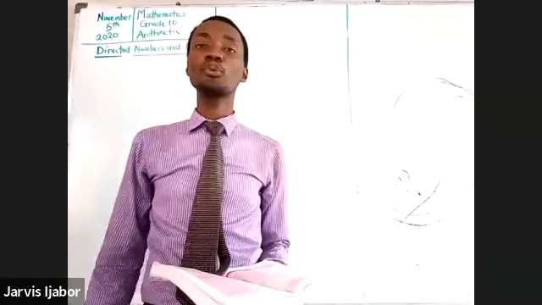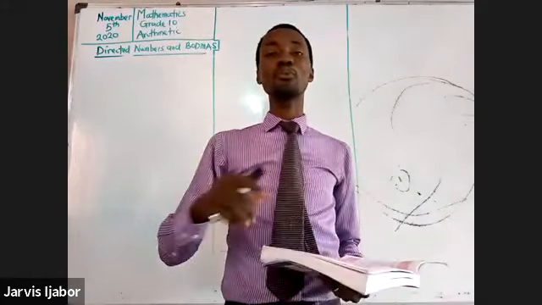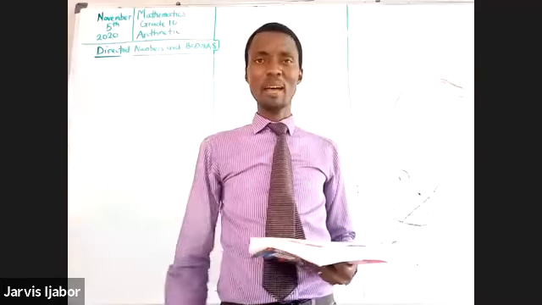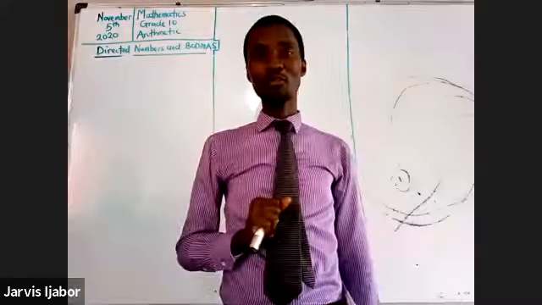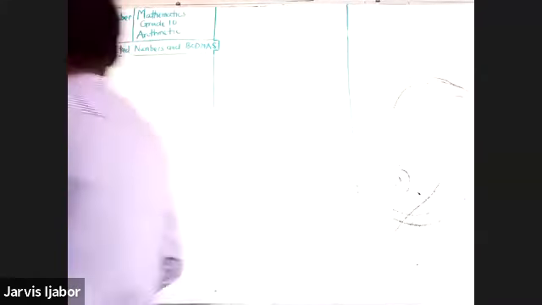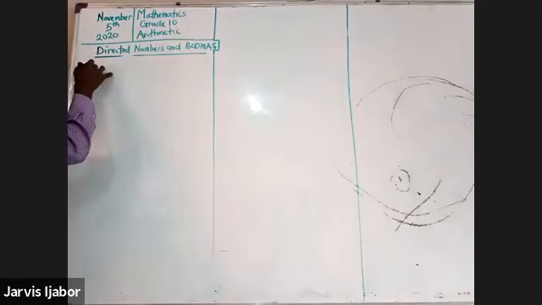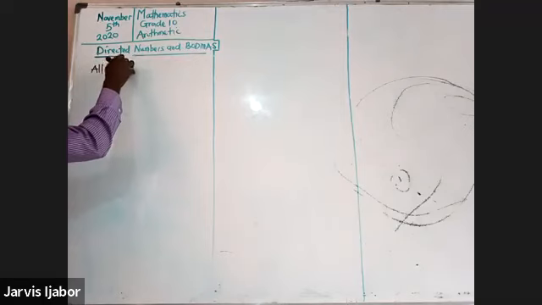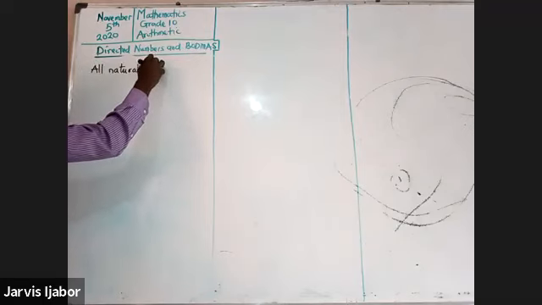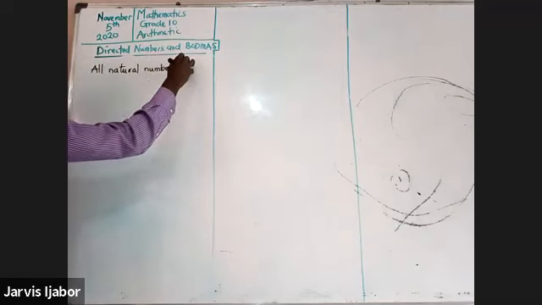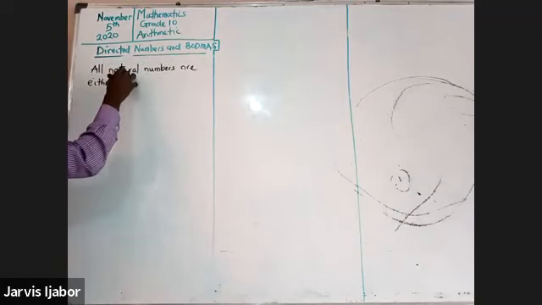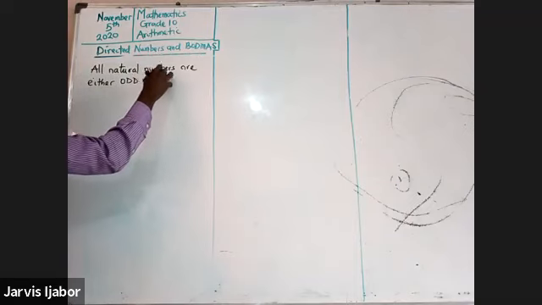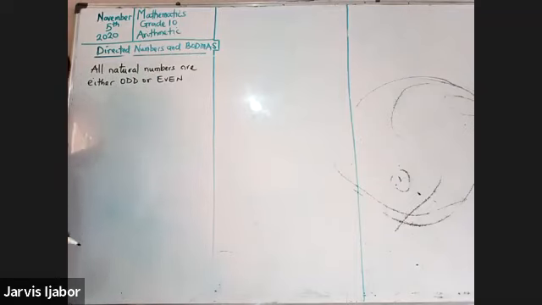It's very important to note that BODMAS does not apply only to directed numbers. It applies to a lot of areas in mathematics. Oh, I said I was going to give us something. I'm almost forgetting that. Now, we know that all natural numbers are either odd or even.